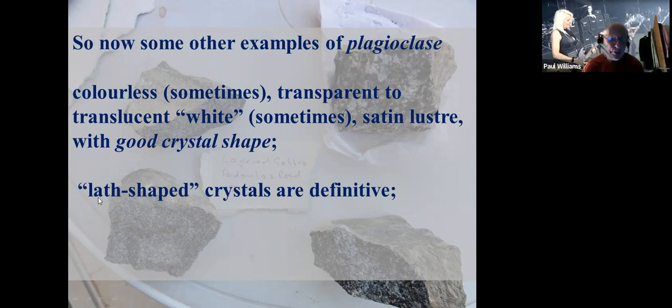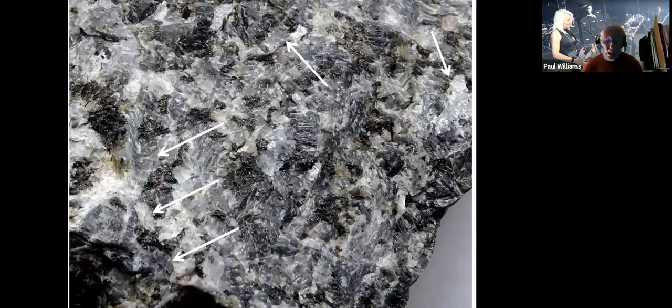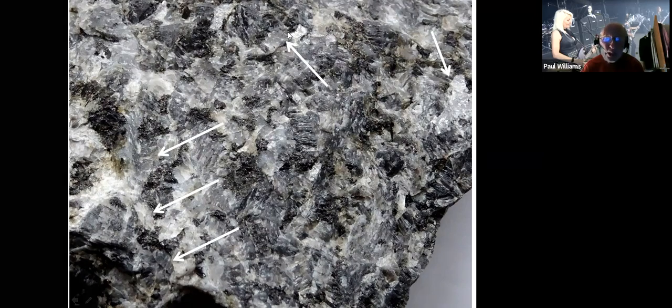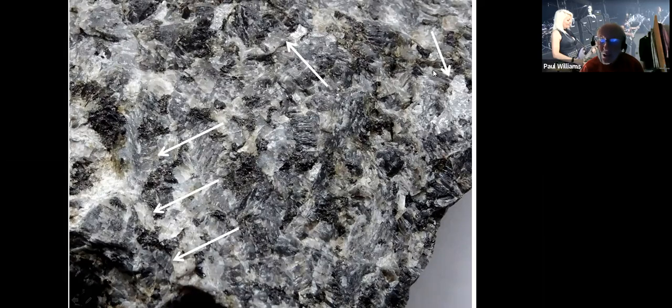And it's that shape, the crystal habit, that is the nicely definitive guide to plagioclase. Right, here we've got some plagioclase. There we've got a nice crystal there. There we've got a nice formed crystal there.